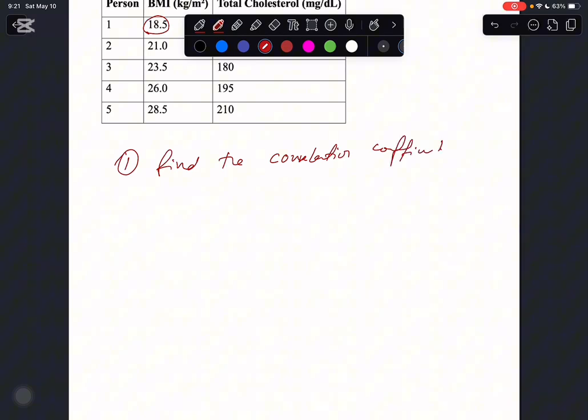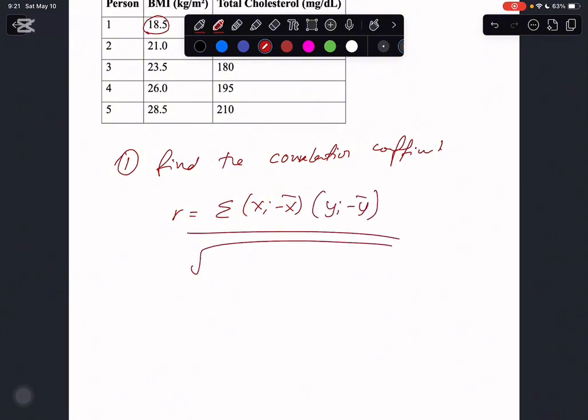So it's basically R equals the summation of xi minus x mean times yi minus y mean, over the square root of the summation of xi minus x mean squared. So we need to find this equation. But before we get into this equation, we need to find the x mean and the y mean, all of this.